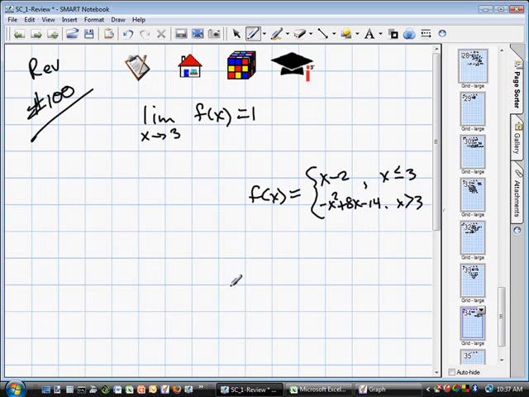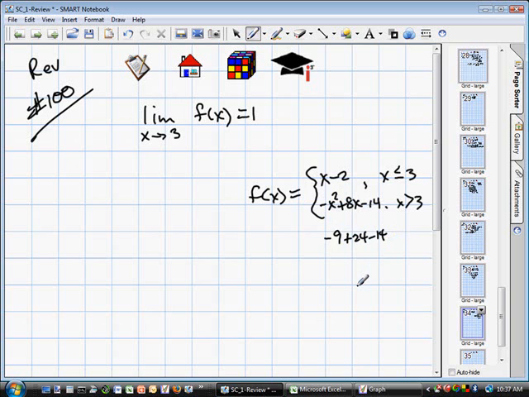Okay, so is it true that the limit of this function as x approaches 3 is 1? Well, is it true from the left? All we got to do is plug it in right here. What's 3 minus 2? 1. So that one works. How about from the right side? Well, as x approaches 3, this is going to be what? Negative 9 plus 24 minus 14.